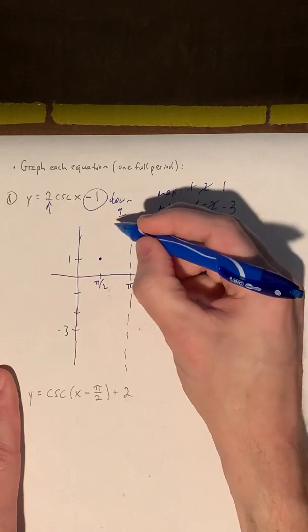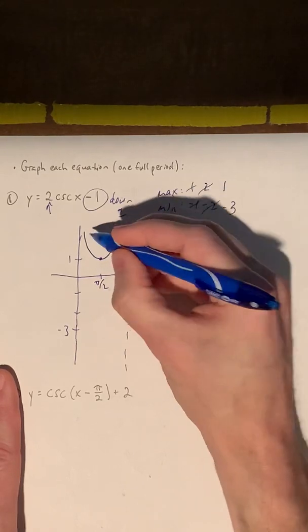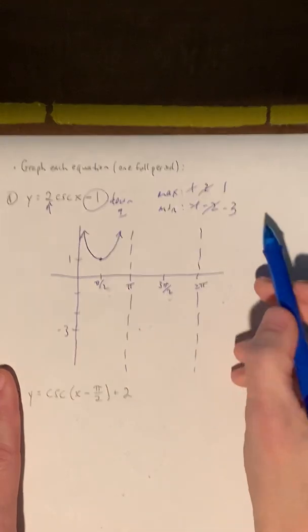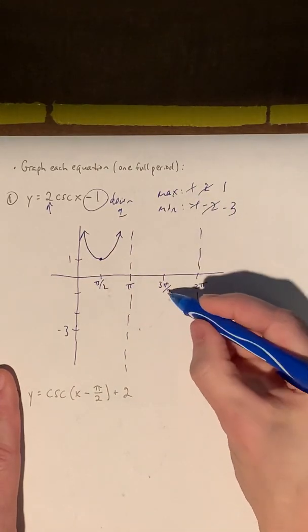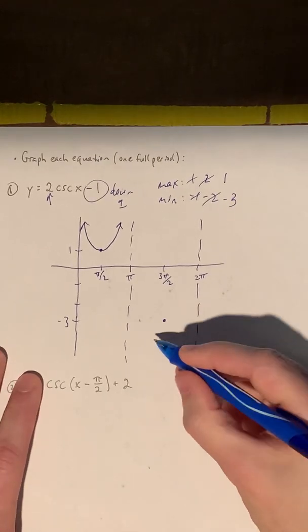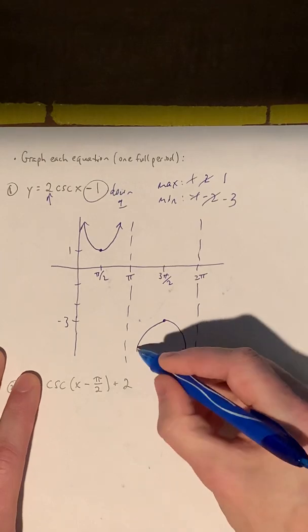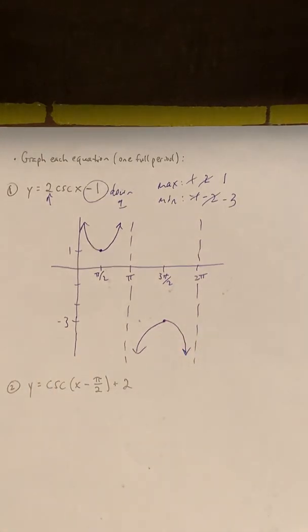And this curve opens up like we saw on the front side in the parent function. And a minimum at -3 means we have a point here in this increment, -3. And we have the curve opening downward like we saw in the parent function. And there you have it. Graph of number 1, 2 cosecant of x minus 1.